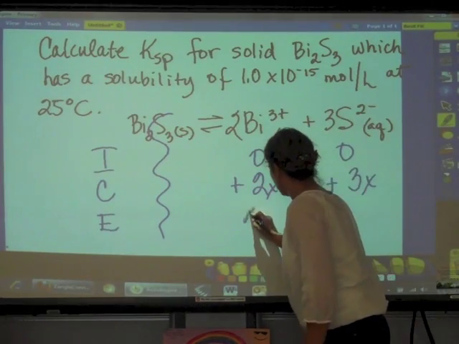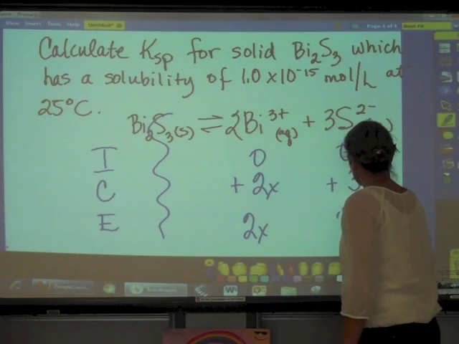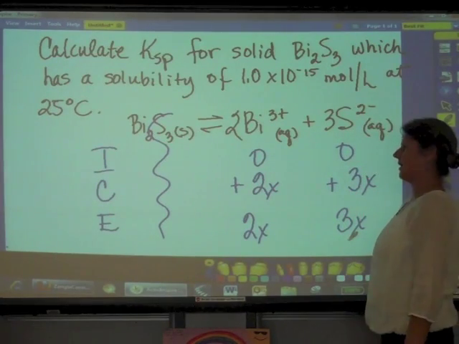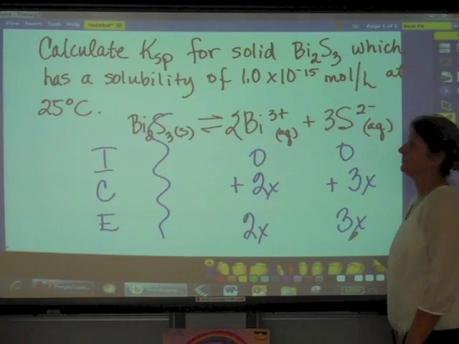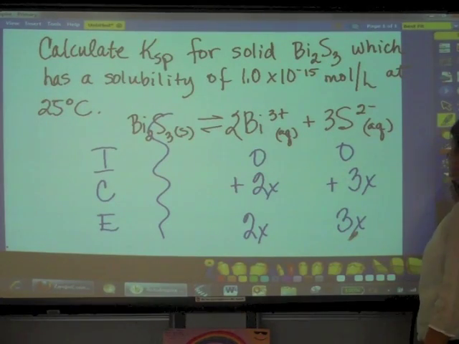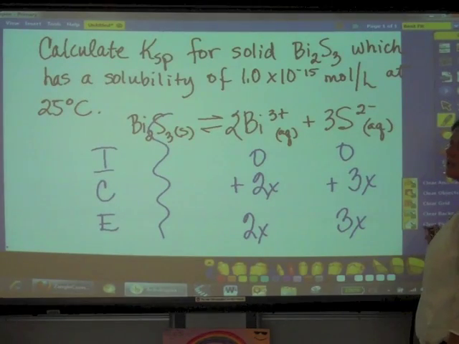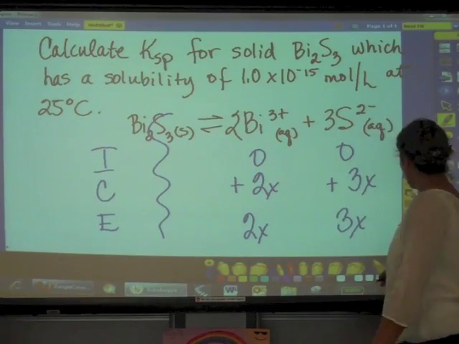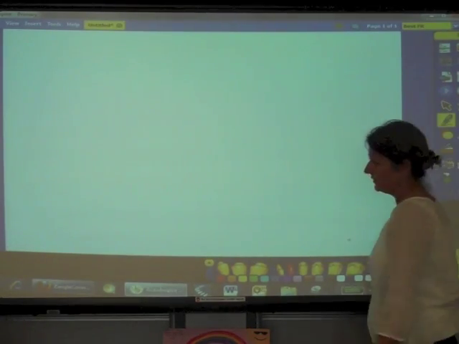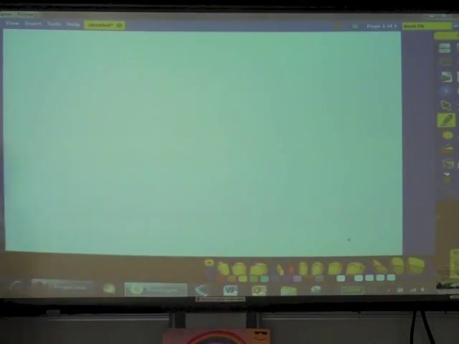So we are going to have 2x and 3x. So what are we going to do with them? We are going to plug them into the equilibrium expression, but we have x. Yay! So let's do it. Let's plug it in there.